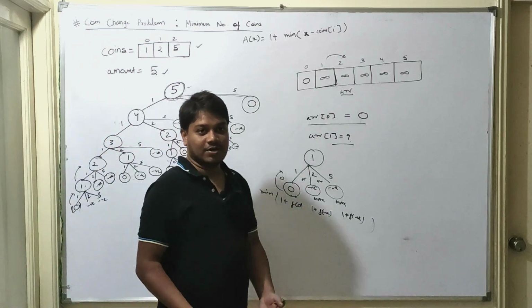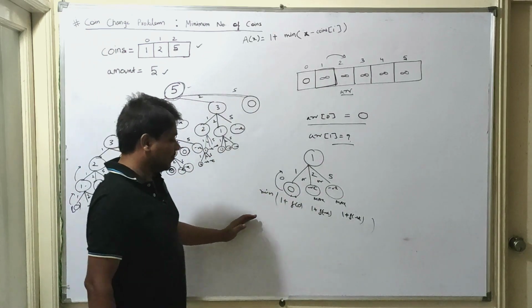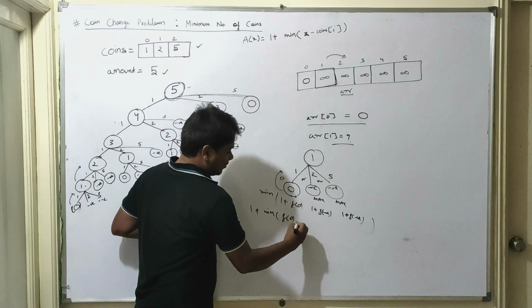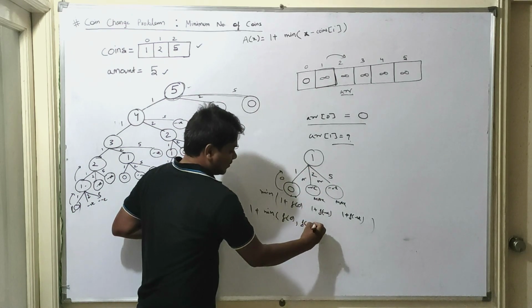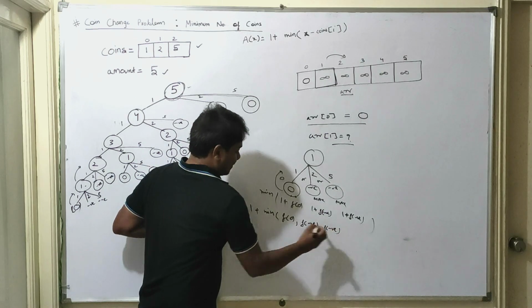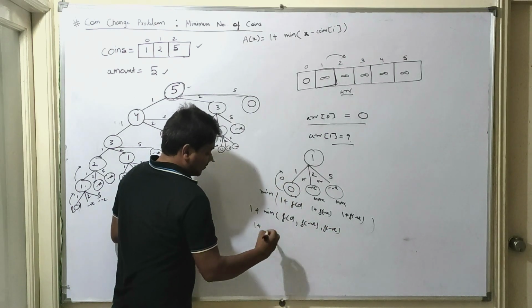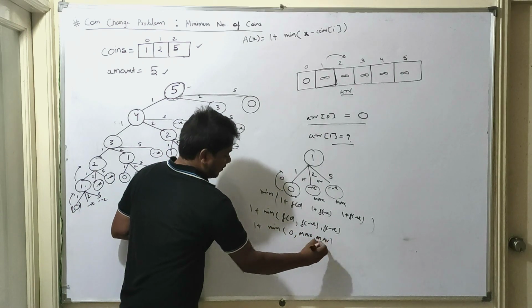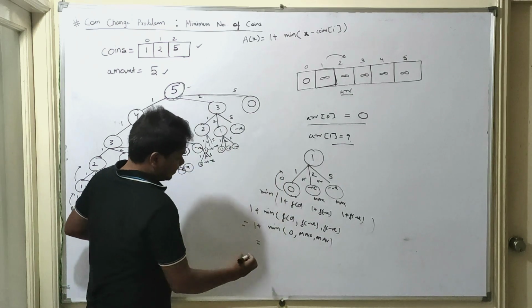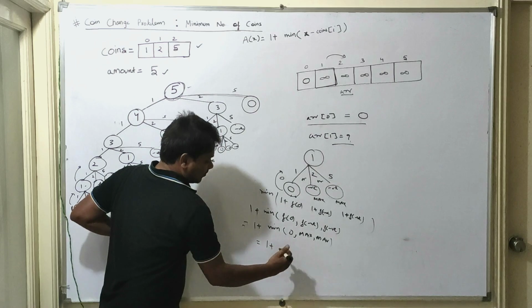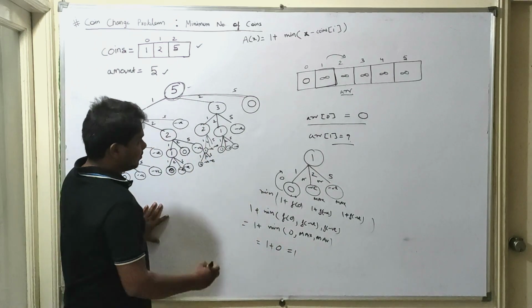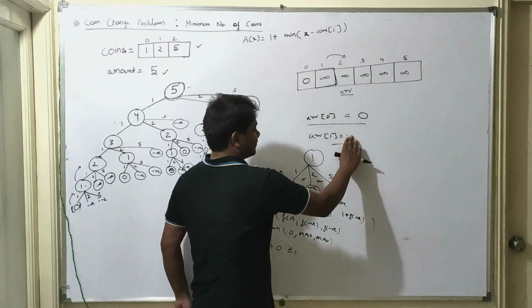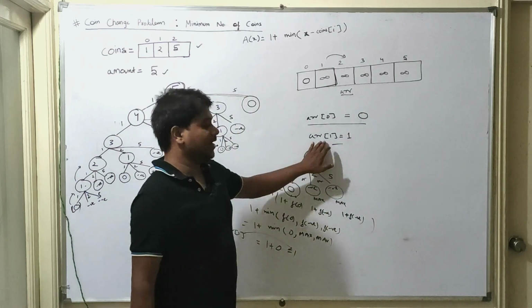This is what we were doing in the recursive solution: the minimum of 1 plus f of 0, going through this path, which will be 1 plus minimum of 0, some maximum value, some maximum value, which is equivalent to 1 plus 0, which is 1. So finally ARR of 1 is 1.